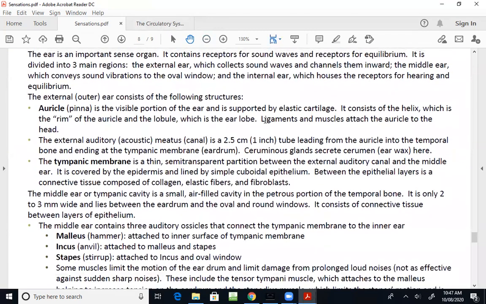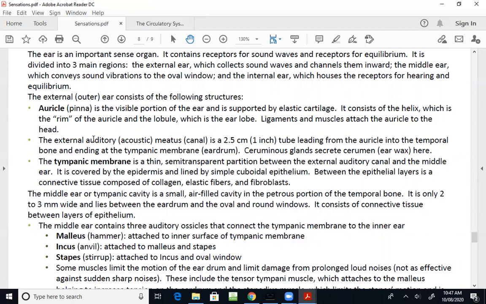Our ears are important sense organs, and that's because not only do they have the sensory cells for hearing and receptors for sound waves, they also have receptors for equilibrium. So not only hearing, but also balance.